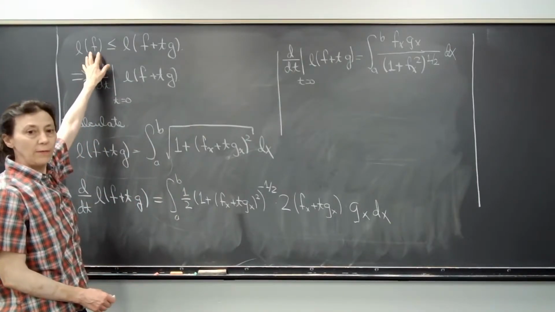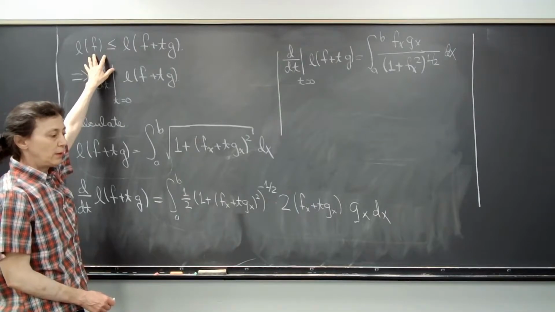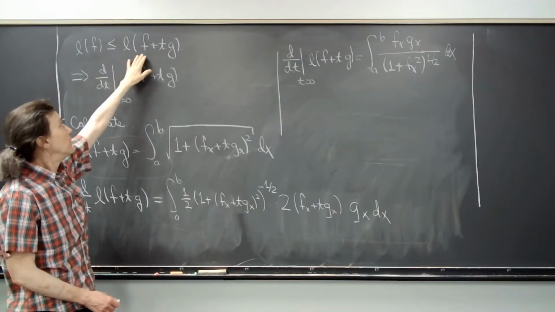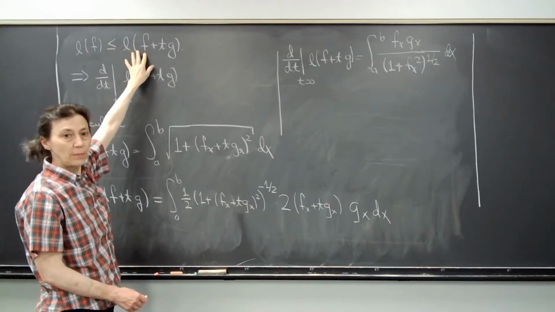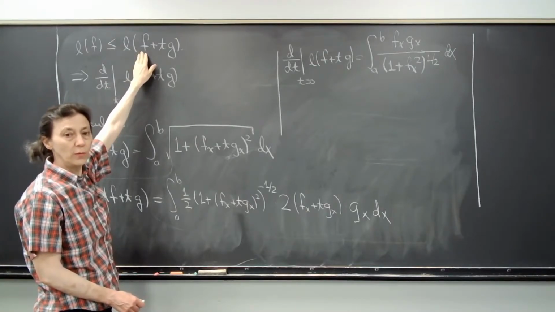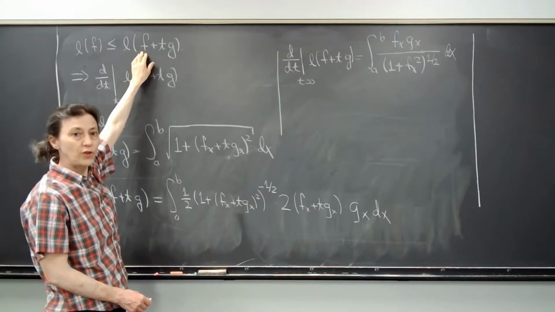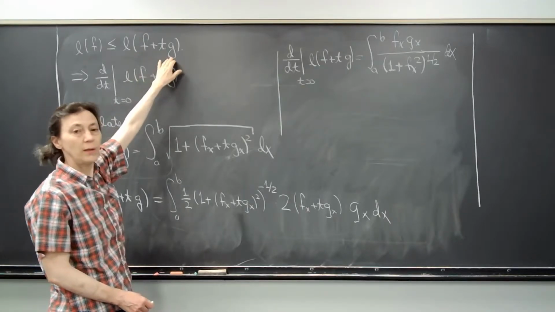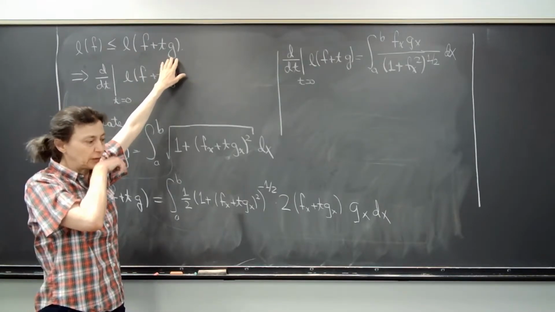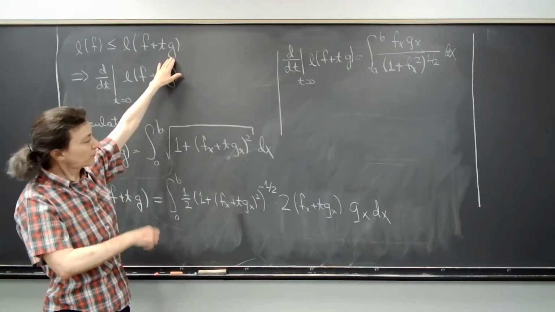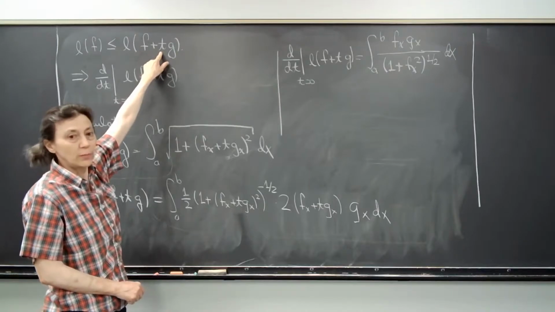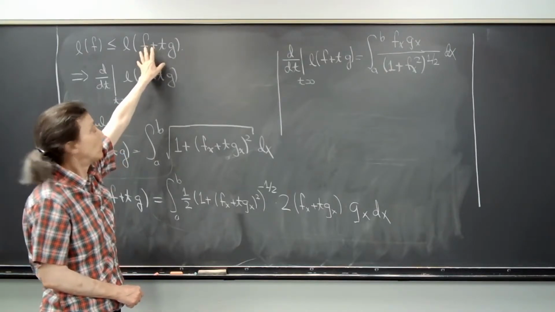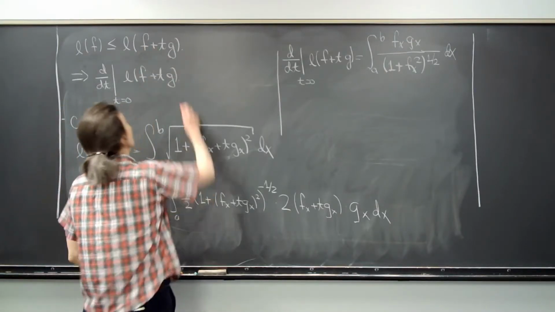Minimizer, if you're going to view, let me say it this way. F is our minimizer, fixed but unknown. Now we're going to take any g that is C1 and vanishes at both a and b, we multiply by a constant t and we form a new function.